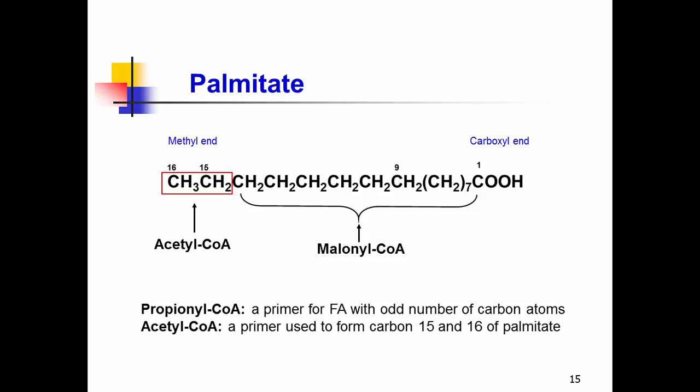And the methyl end and the two carbon chain actually initially come from the acetyl-CoA molecule. So in other words, as you go through the cycles, in each cycle you're adding two carbons between the methyl and the carboxyl end, right?